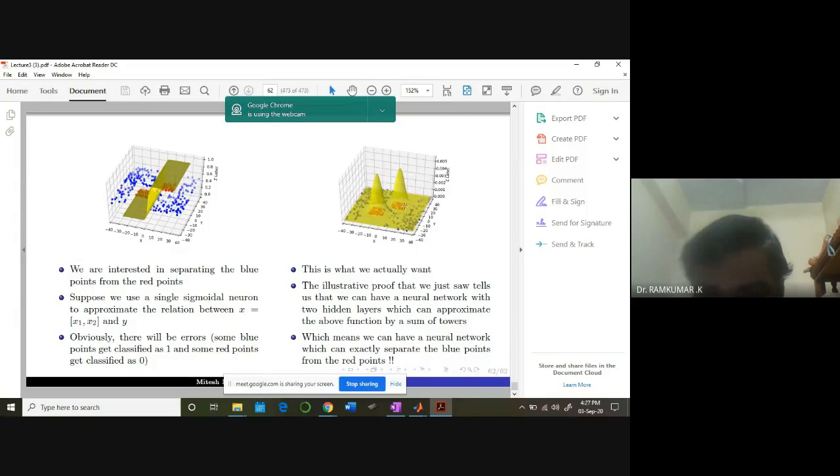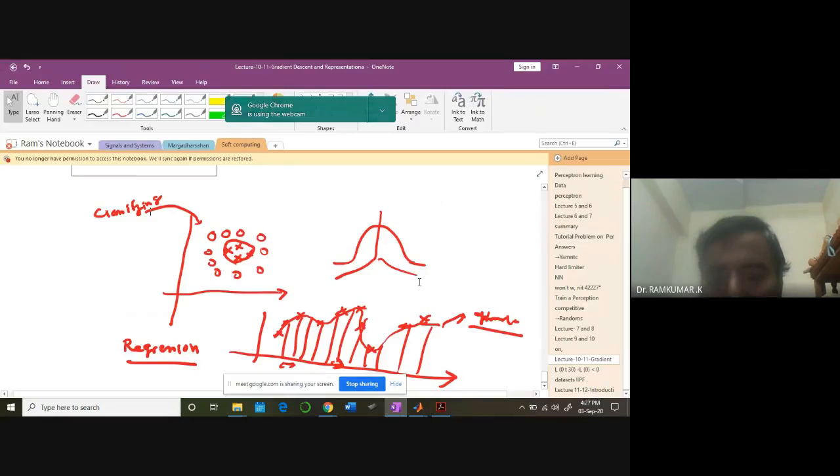These two patterns belong to the same class, and anything outside this belongs to a different class. Anything outside this tower belongs to a different class, and anything inside this particular tower is a particular class. So we would like to separate such a kind of data. So that's the classification problem.